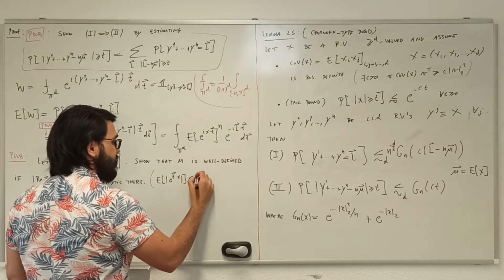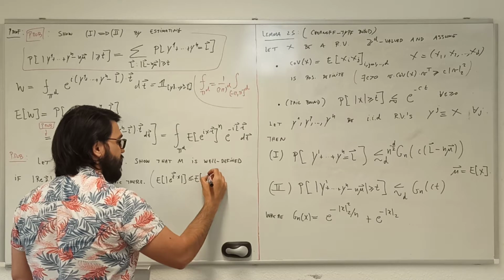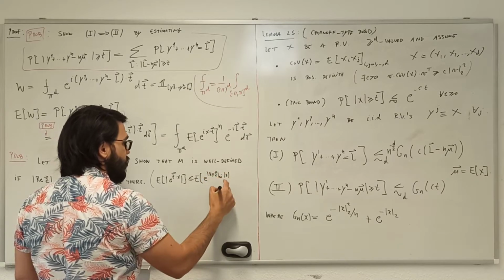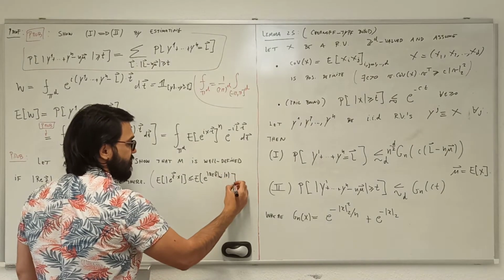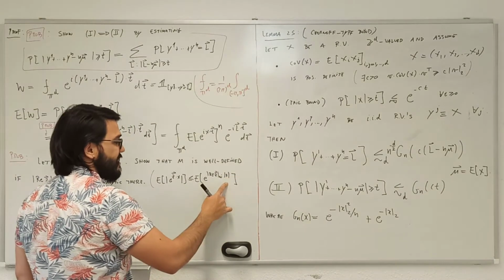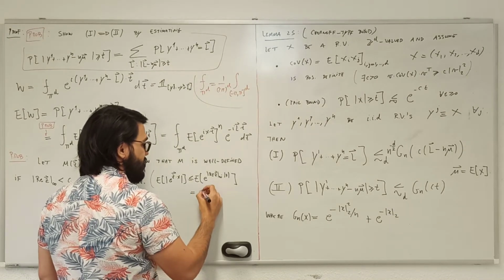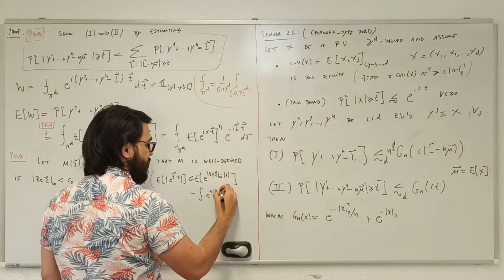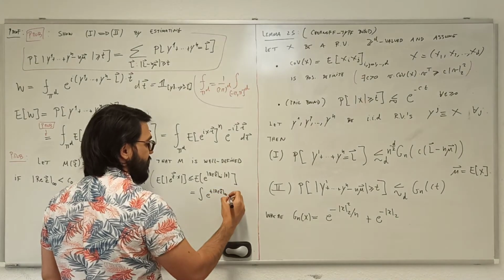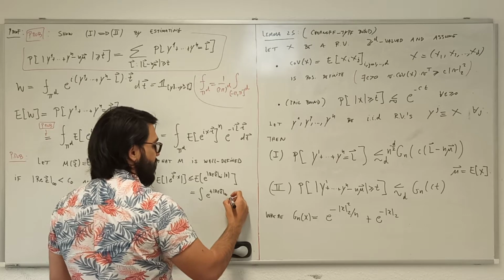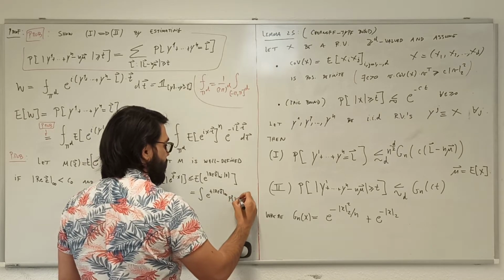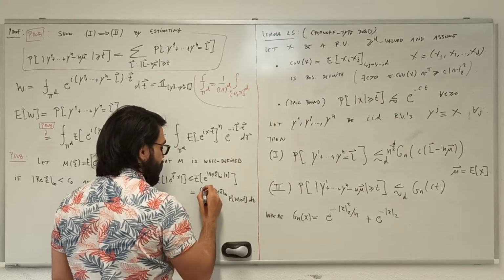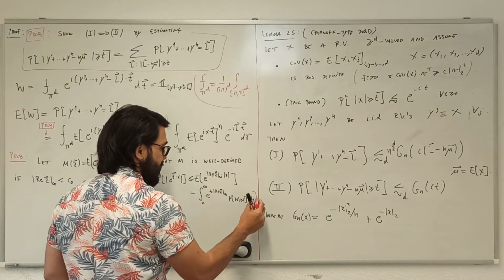But this is less than or equal to the expectation of e to the real part of z infinity times the norm 1 of the variable x. So if you use the layer cake decomposition here, this will be just the integral of e to the t real part of z infinity times the probability of the modulus of x being greater than or equal to t, dt, from 0 to infinity.